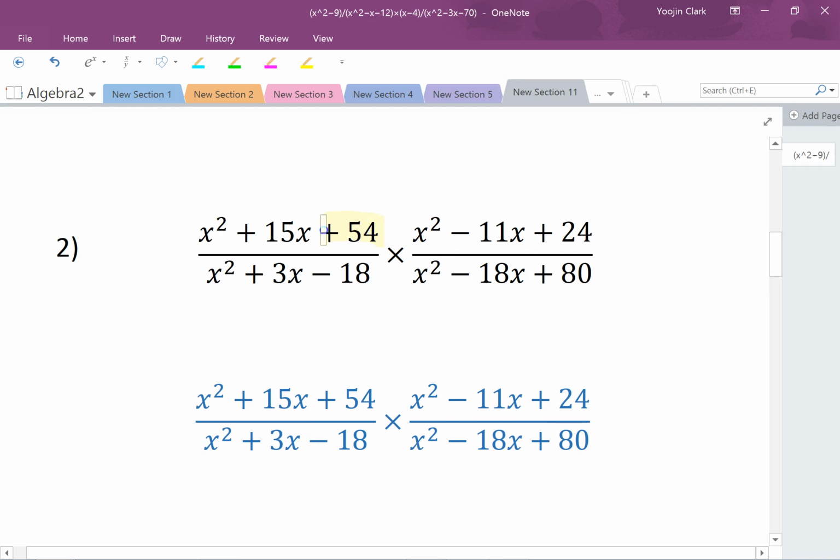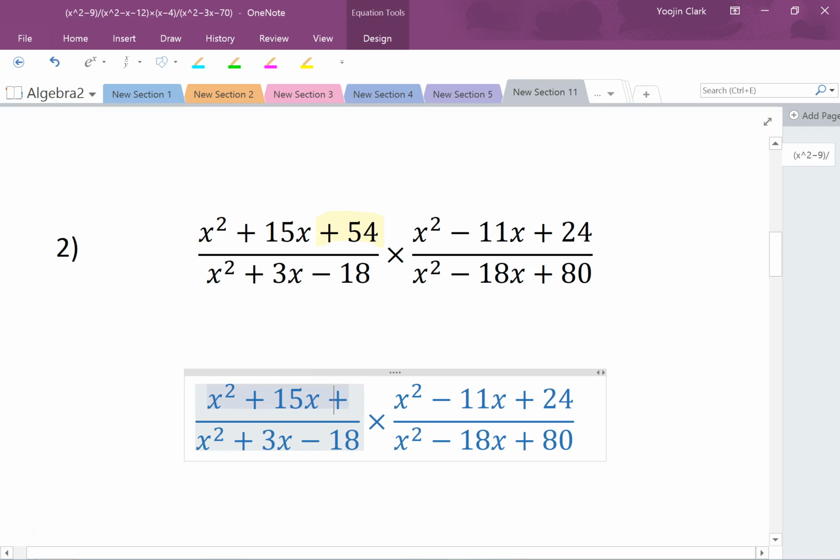So we're going to look up here at that positive 54 and say 2 factors of 54 that add to 15. So you think for a second, well, 9 times 6 is 54.